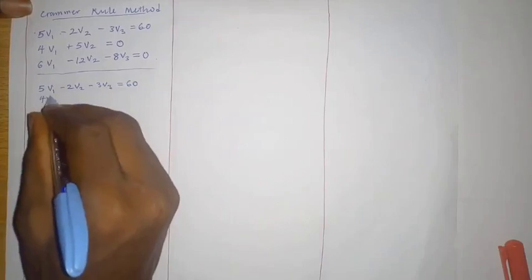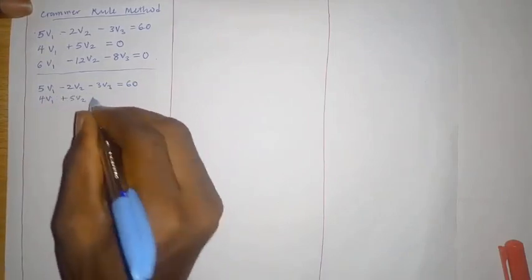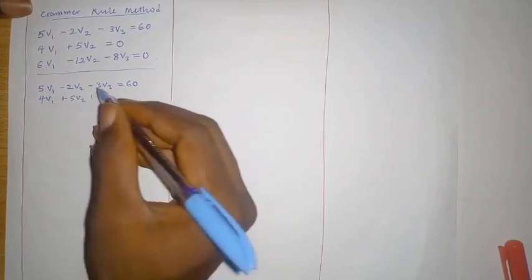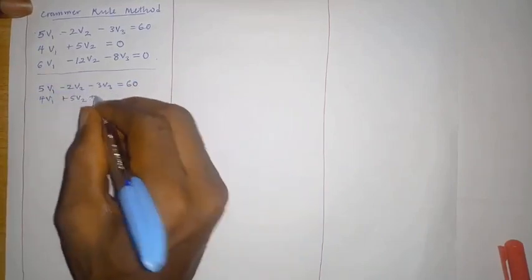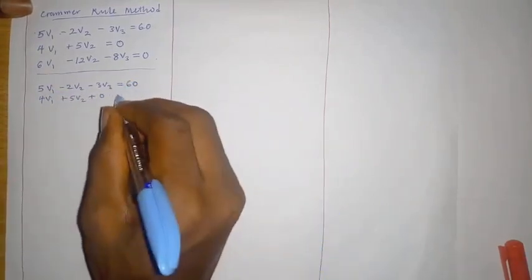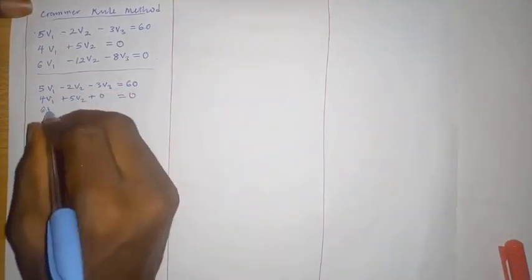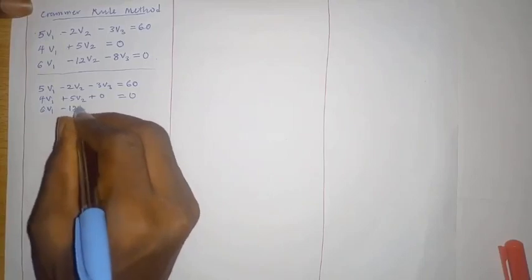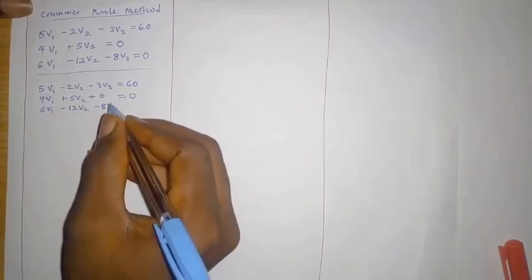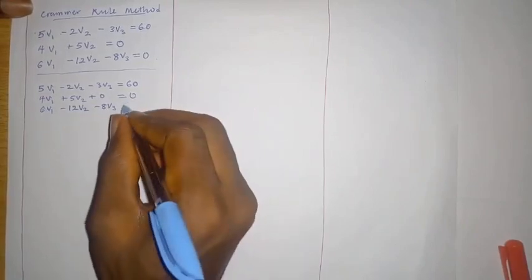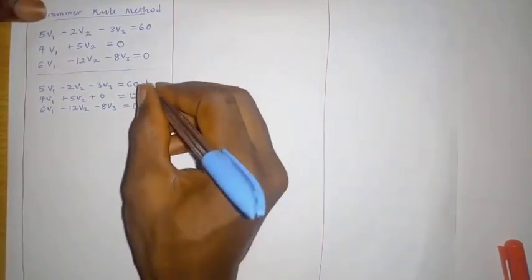Then 4v1 plus 5v2 plus or minus, you can use plus or minus for 0, it is still the same thing, 0 equal to 0. Now another one, 6v1 minus 12v2 minus 8v3 equal to 0 also.